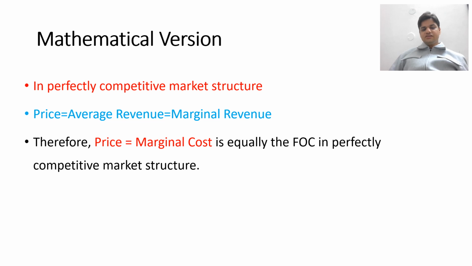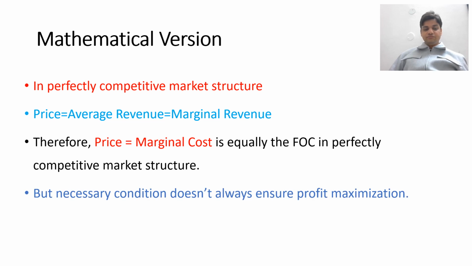So price is equal to marginal cost can also be the first order condition for perfectly competitive market structure. But in other kinds of market structure like monopoly, monopolistic, oligopoly, we'll stick to marginal revenue is equal to marginal cost. Only in case of perfect competition, we can say price is equal to marginal cost.